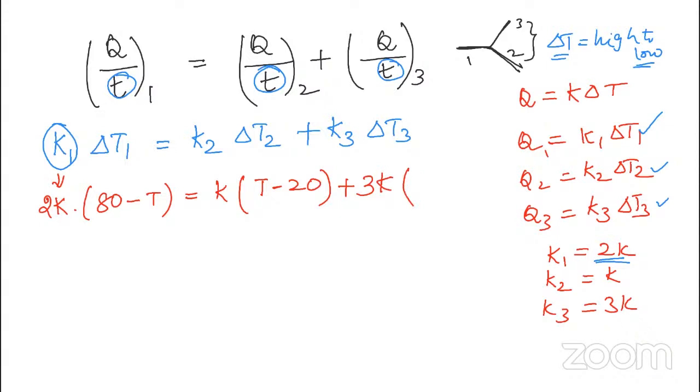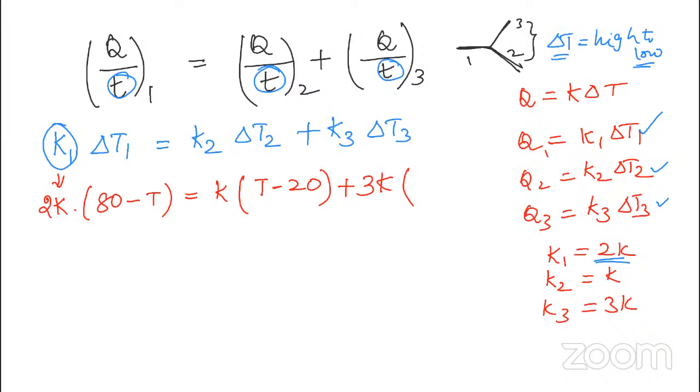Comparing with the first one, we said 80 degrees, so heat flows from 80 degrees to temperature T. That is the first rod. And for the third rod, it is from T to 60 degrees.